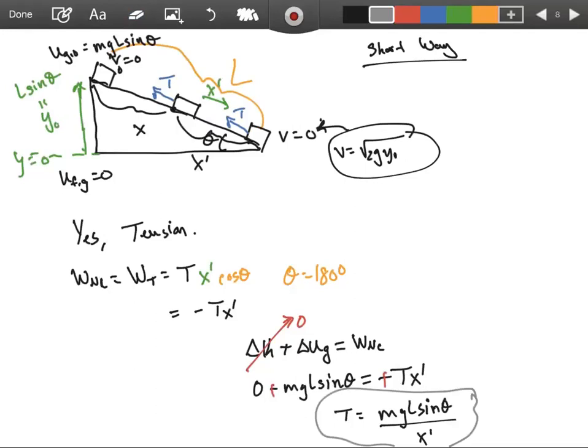Now, the trick in this problem is just to realize and to recognize that the tension force is the non-conservative force in this case. If I didn't recognize that, I wouldn't be able to really do this problem. But once I realize that that is a non-conservative force, then I can easily do this problem in 2 steps as opposed to all the steps we did before.